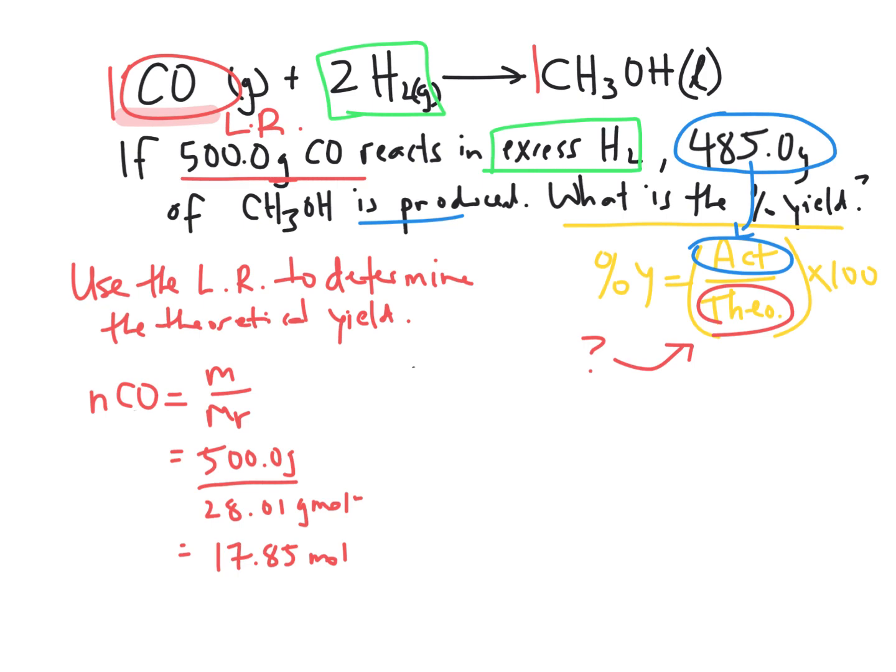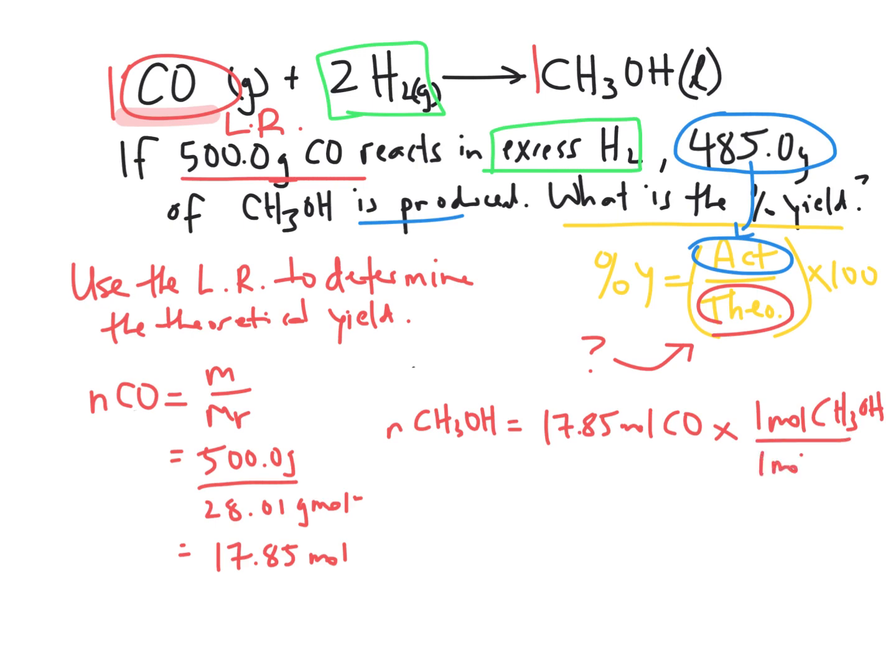Then we can say, well, if we're trying to figure out the moles of CH3OH that are going to be produced, then that's going to be the 17.85 moles of carbon monoxide, and the factor is 1 to 1. I'm going to write it out anyways, but you can be like, yeah, it's the same. Why is he writing so much?